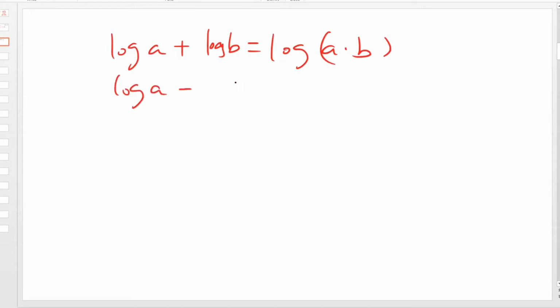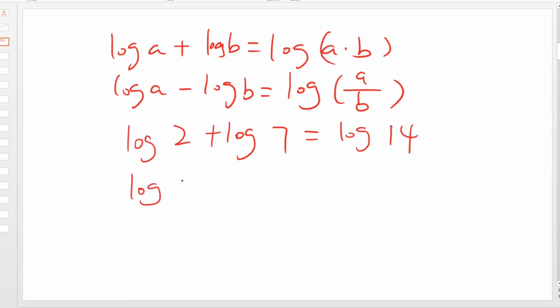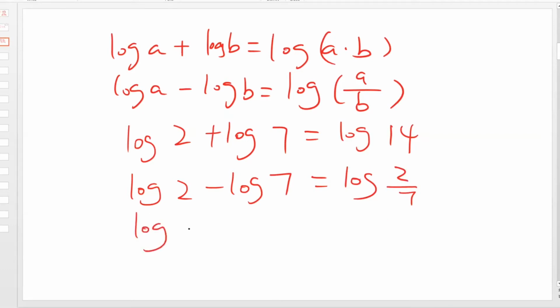Log A minus log B is log A over B. You are given log 2 and log 7, right? So if you do this, you should get log 2 times 7, which is log 14, or you get log 2 over 7, or you can do it this way, which gives you 3.5.